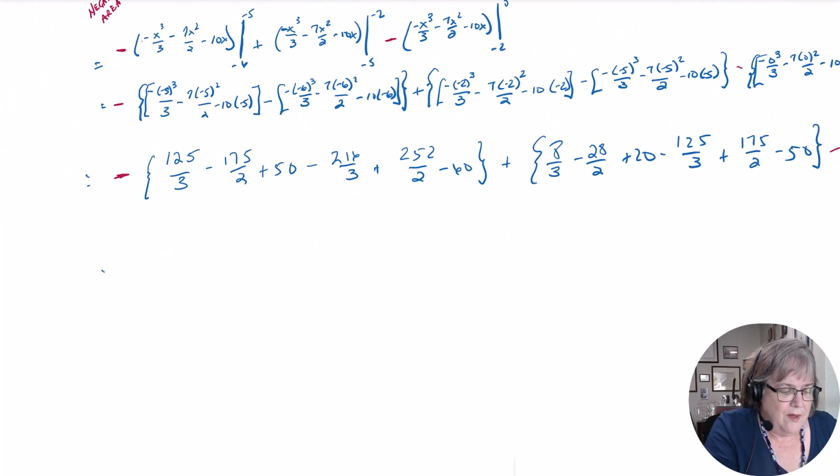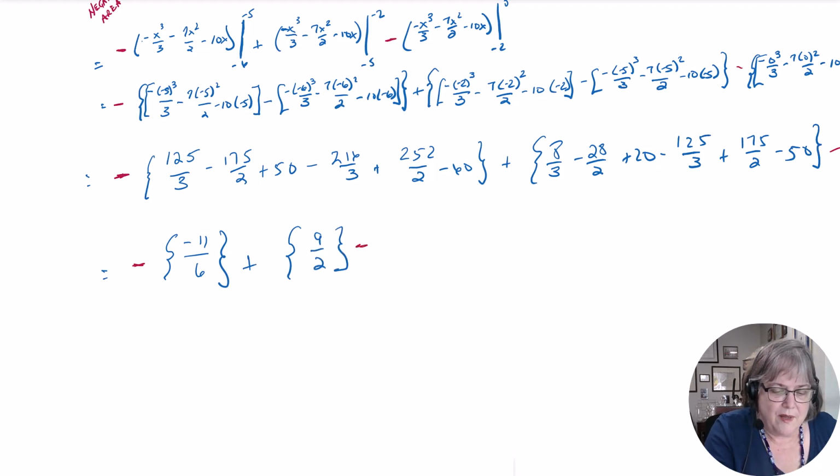And then when you get this kind of straightened up, right, you would have the negative of, this first one's going to be a negative 11/6 plus 9/2 minus a negative 26/3.